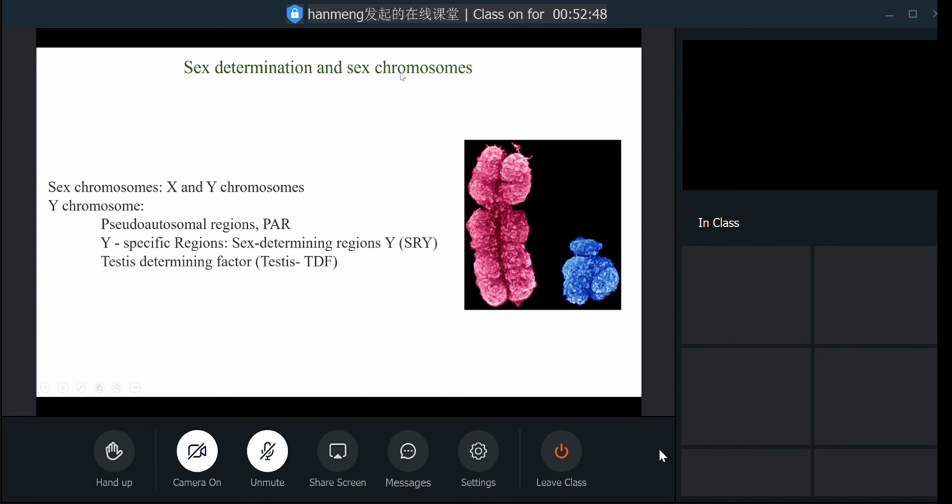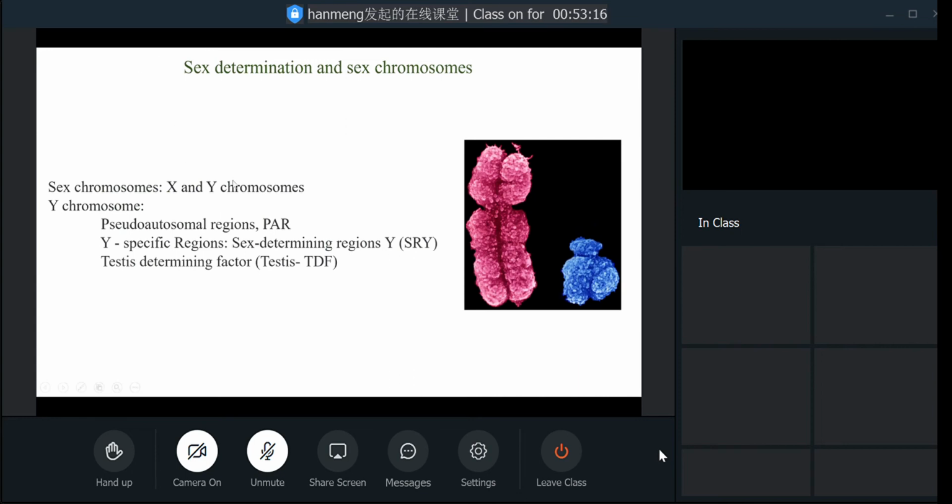So we will learn the sex chromosome. The sex chromosomes include the X and Y chromosomes, and the Y chromosome has the pseudo-autosomal regions and the Y-specific regions, and the testis-determining factor.